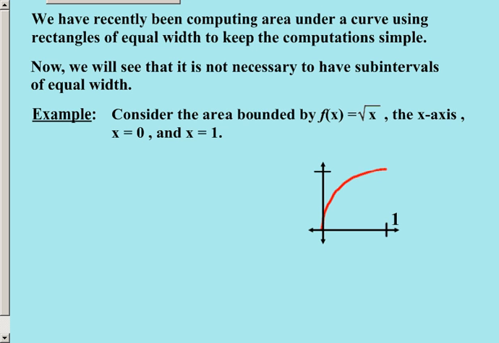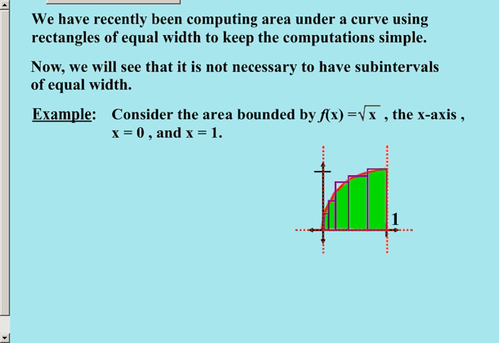So it starts off mostly vertical and becomes mostly horizontal before it reaches x equals 1. Our artificial boundaries are going to be the x-axis, the y-axis, and x equals 1. So, of course, that green area that just appeared there, that is our bounded area.